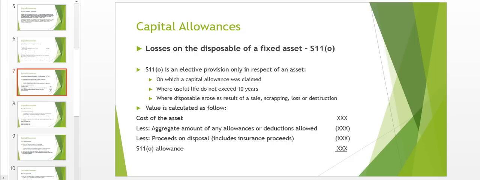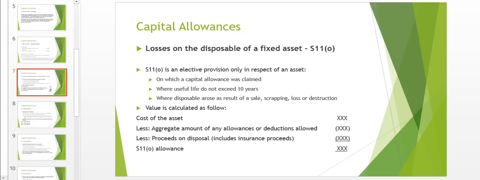And also where the disposal arose as a result of a sale, scrapping, loss, or destruction. Okay, so when these conditions are met, then you may calculate whether you made a loss or recoupment on the disposal of a fixed asset. So in calculating your Section 11(o) allowance, you need to take the cost of the asset which you initially bought it for. Then you need to subtract the aggregate amount of any allowances or deductions allowed.